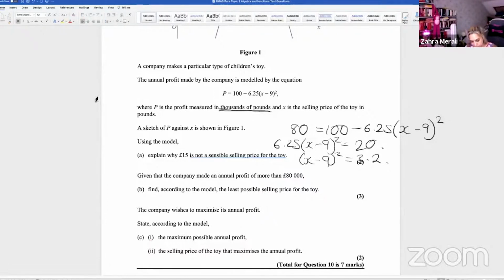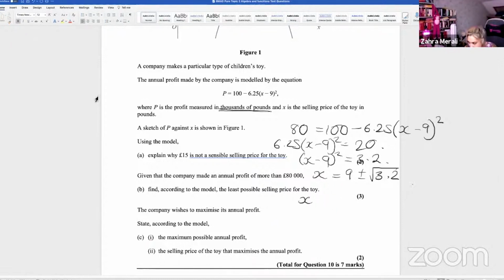So that gives you 3.2. So x equals 9 plus or minus the square root of 3.2. We want the minimum price. So we're going to do 9 minus the square root of 3.2, and that gives you 7.21, because we want it to be more than that, we round it up. So let's put those in the calculator properly.